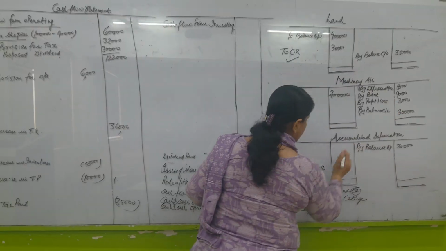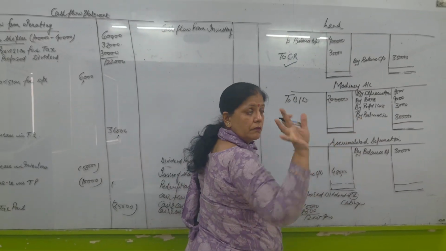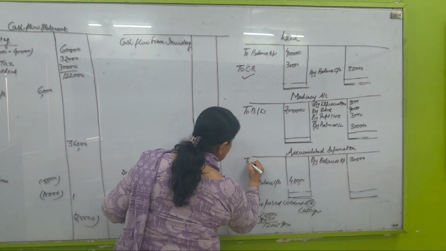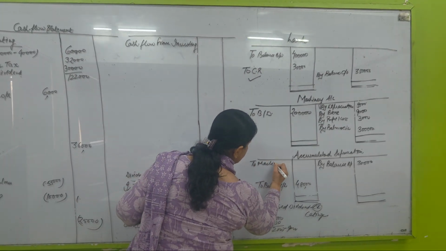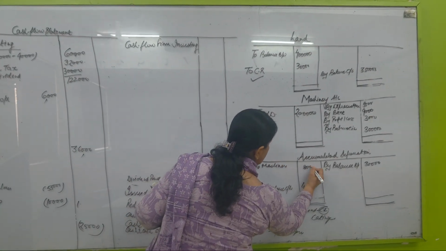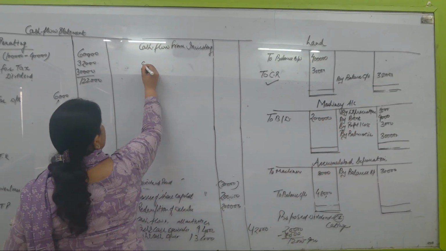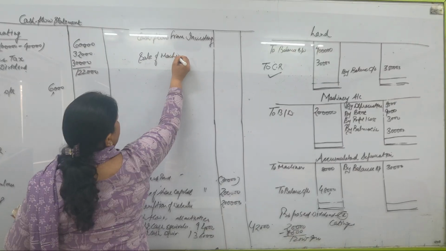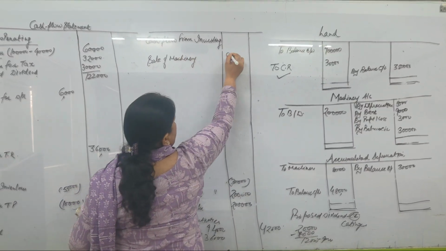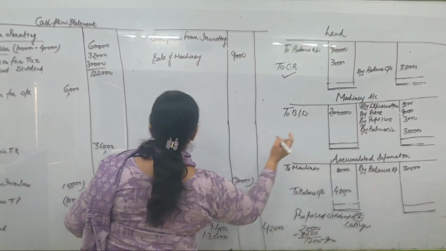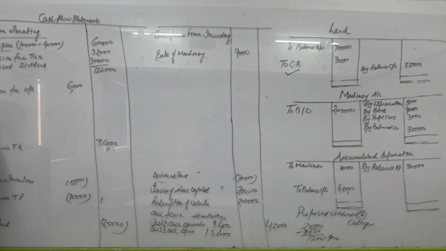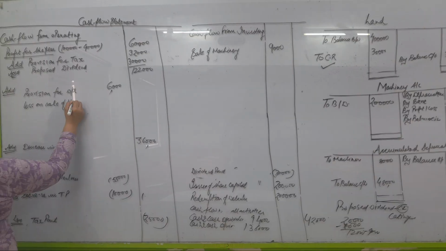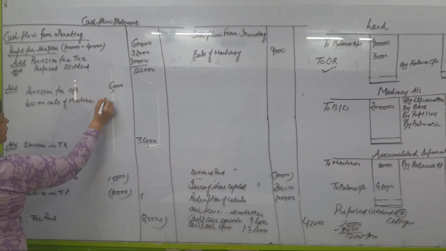Double entry. Depreciation to machinery. Sale of machinery, 9,000. Loss on sale of machinery, 3,000, operating.